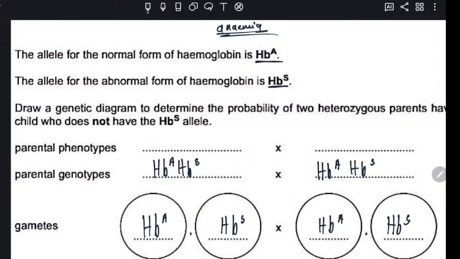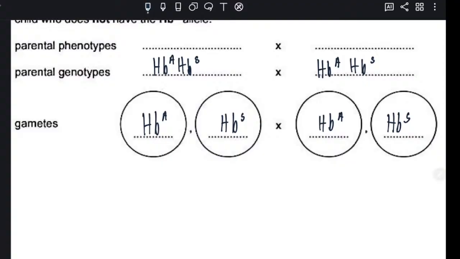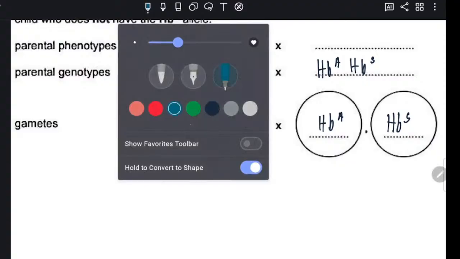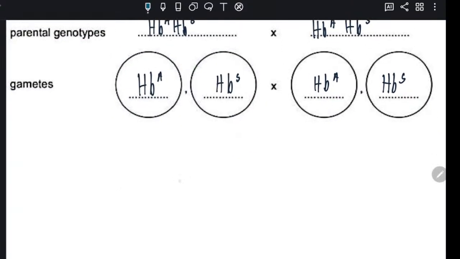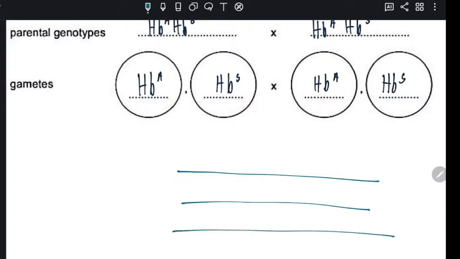So now let's do it. What are we going to do? They say draw the probability, so it's just a Punnett square. You now need to put your Punnett square. Remember how you do your Punnett square. You say 1, 2, 3, three lines like this.